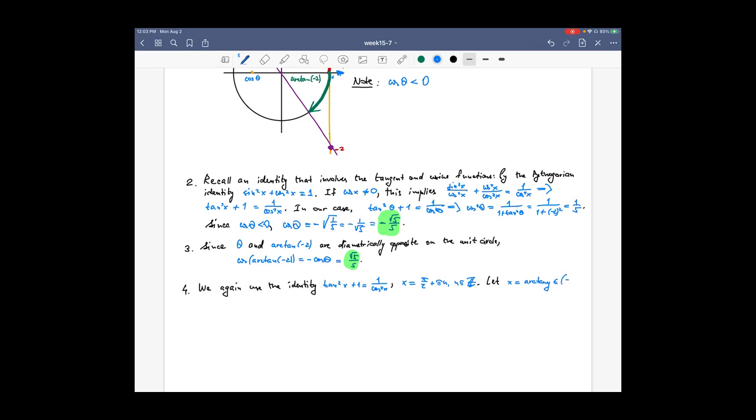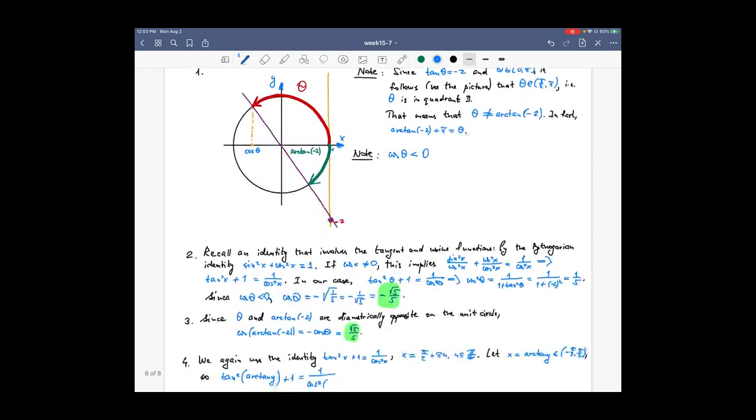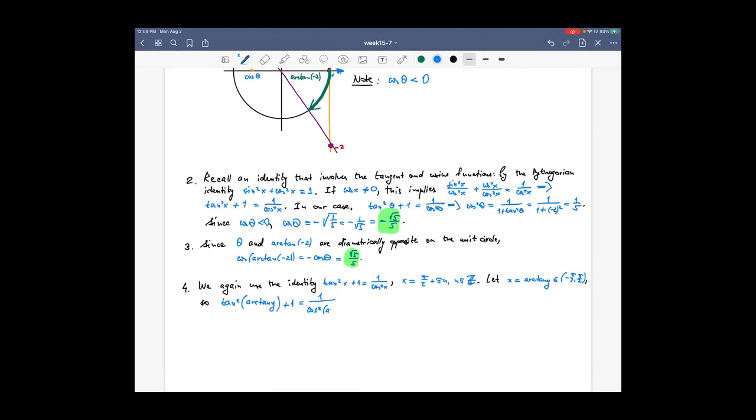Remember again, arctangent y is between negative pi over 2 and pi over 2 by the very definition of arctangent. So this identity gives tangent squared of arctangent y plus 1 equals 1 over cosine squared of arctangent y.